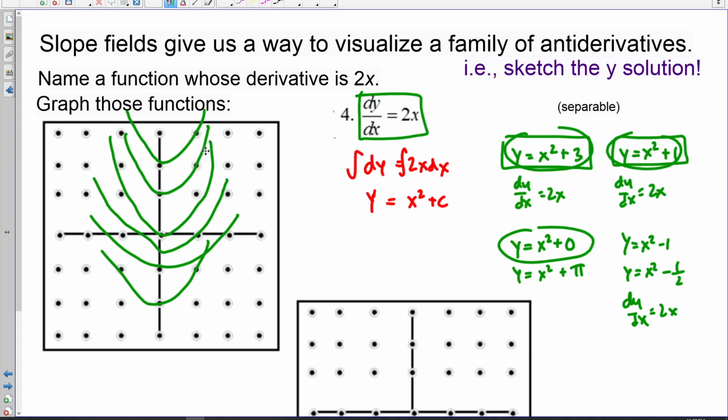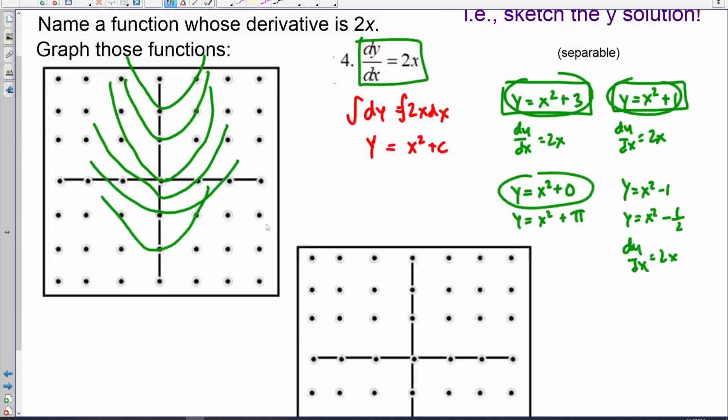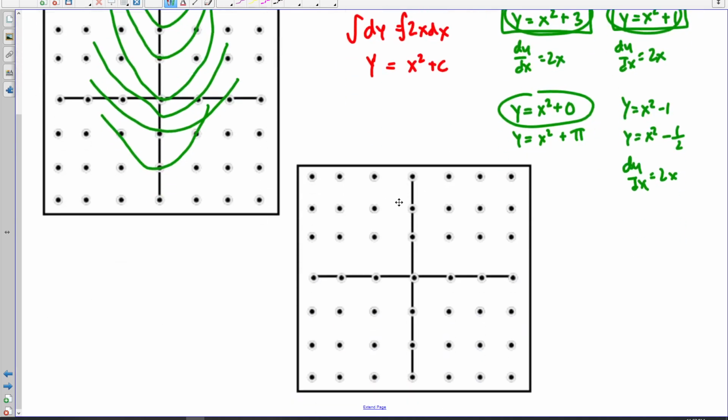So what is a slope field? A slope field is kind of like an electric field. It's a field where if you follow the wind, you will draw all the possible y's that you could have for the answer to that differential equation.